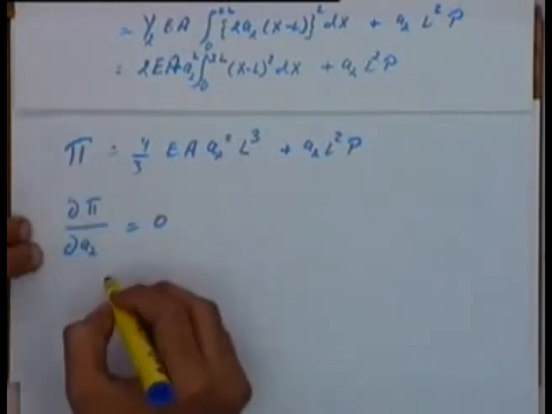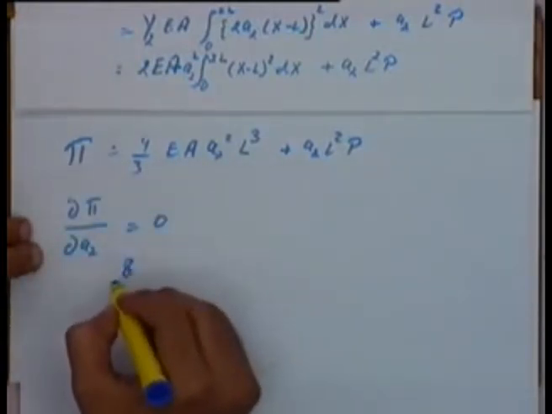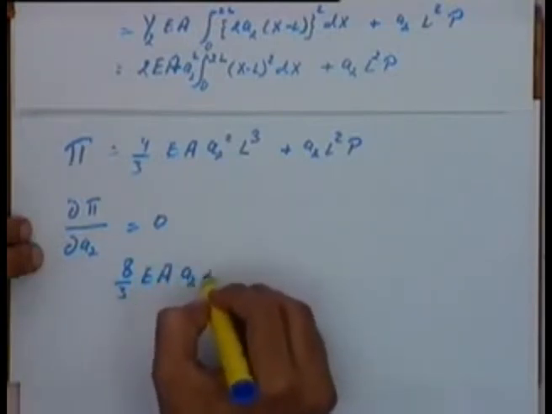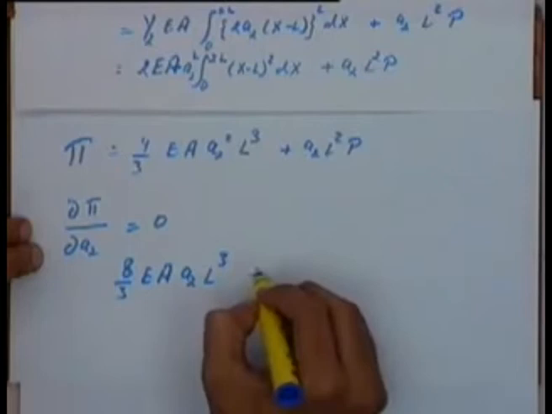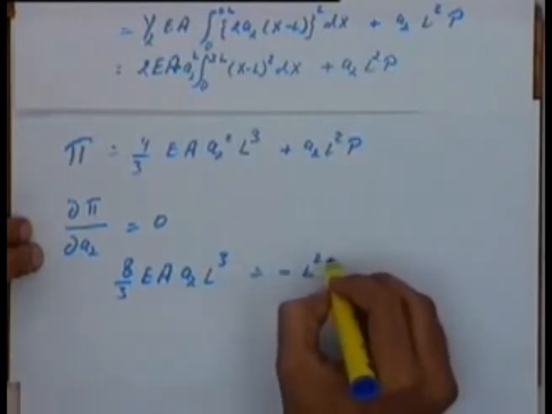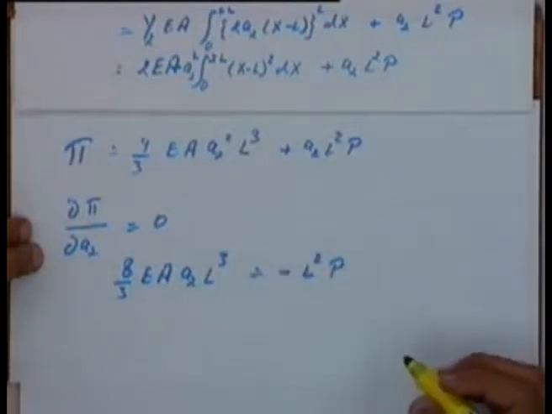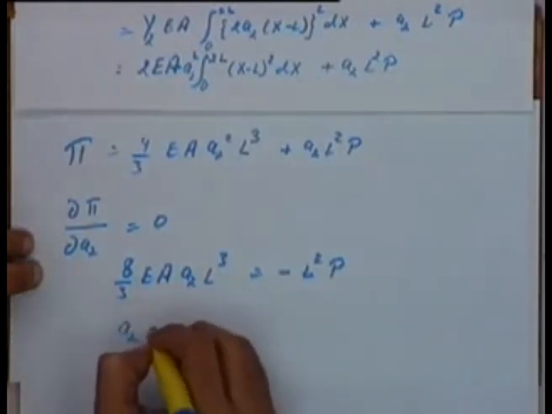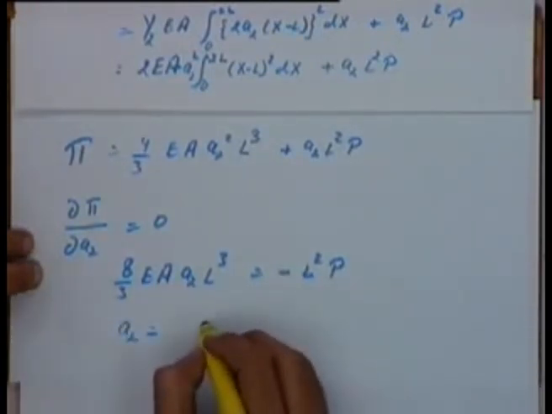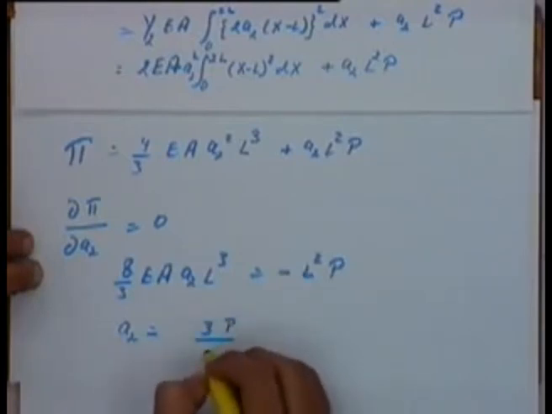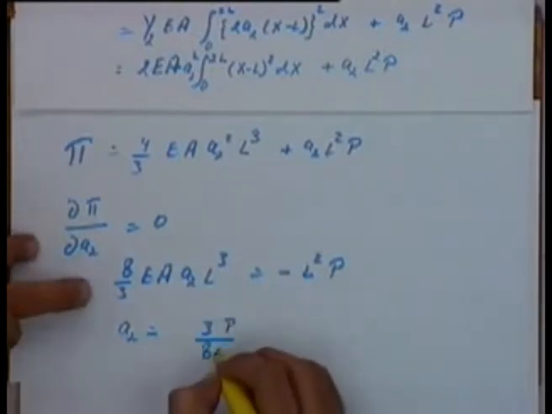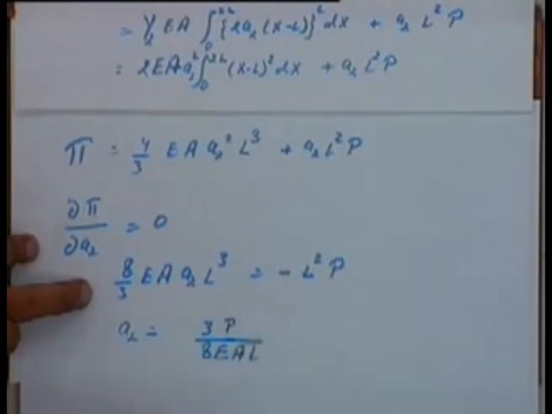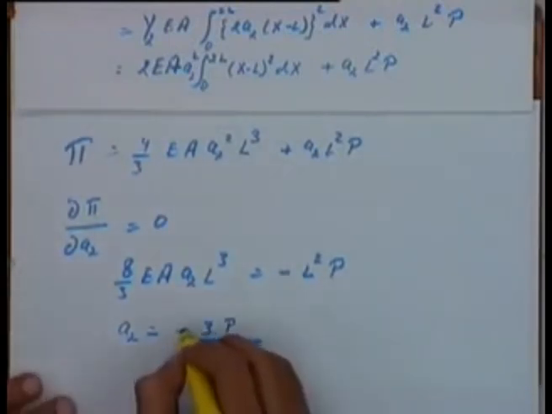Which will give us 8 by 3 EA A2 L cubed will be equal to minus L squared P. Which means A2 will be equal to minus 3P by 8 EAL.